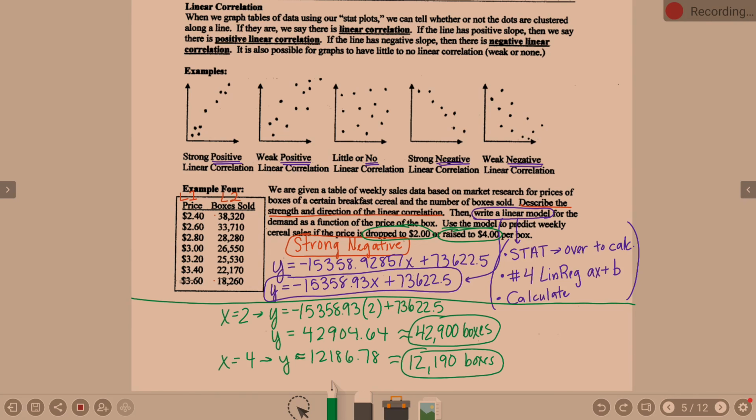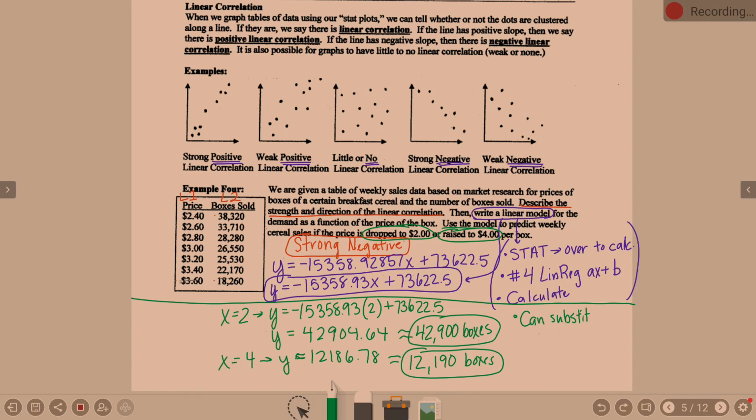If you said 12,188, or if you said 12,200, you're in the right idea here. They're giving estimated answers. Now, what are the possible ways? You can substitute the x value into the equation, or we can trace the line and enter the value. So, those are the two different ways I showed you.